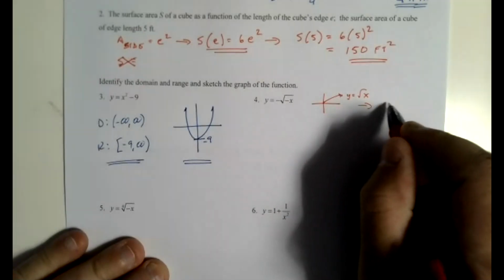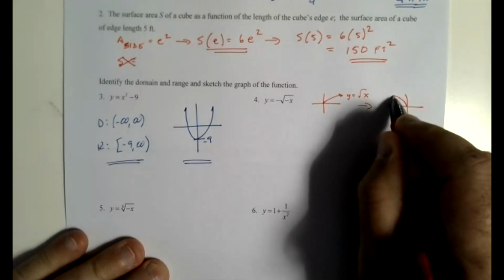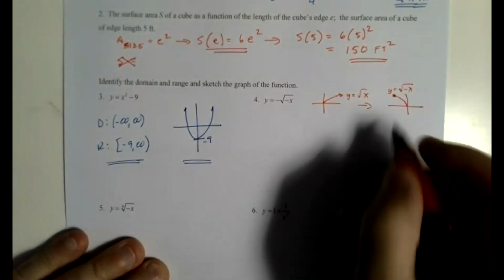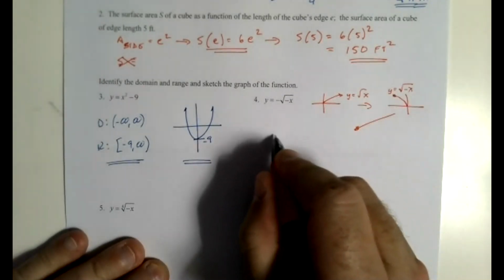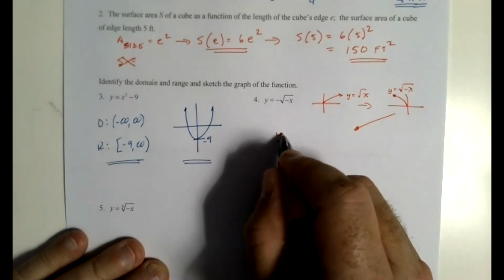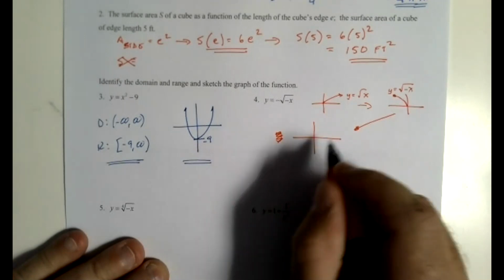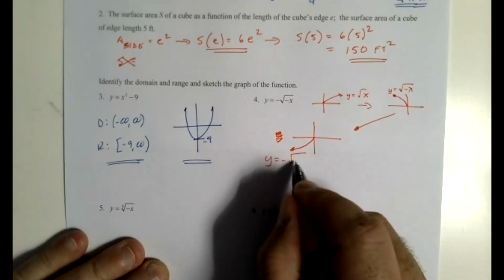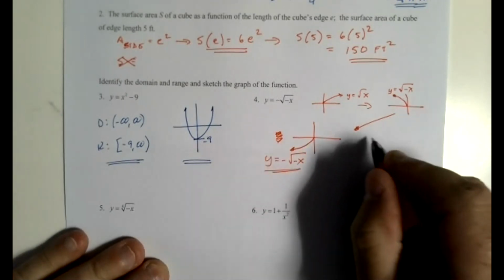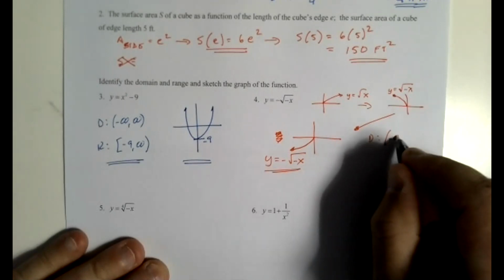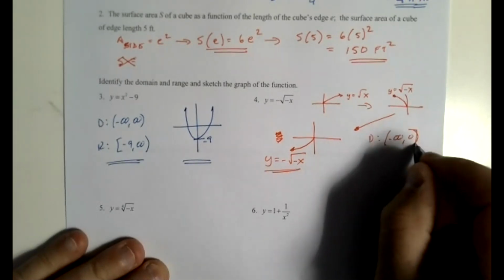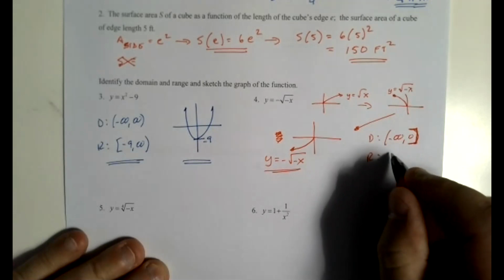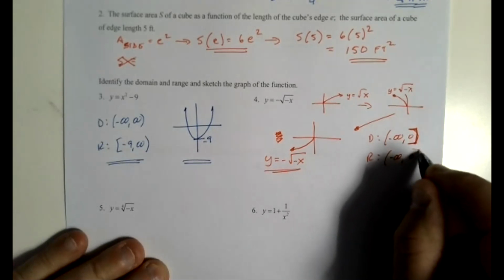So we go to, and then get all the way down here to the answer, which is down here, because the negative out front flips it down. Domain, -infinity to 0, inclusive, should be a blocky one. Range, same deal, -infinity to 0.